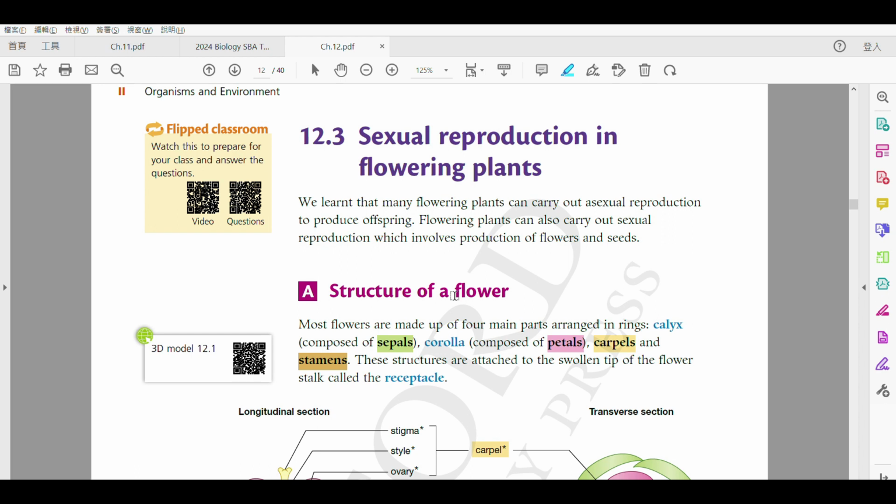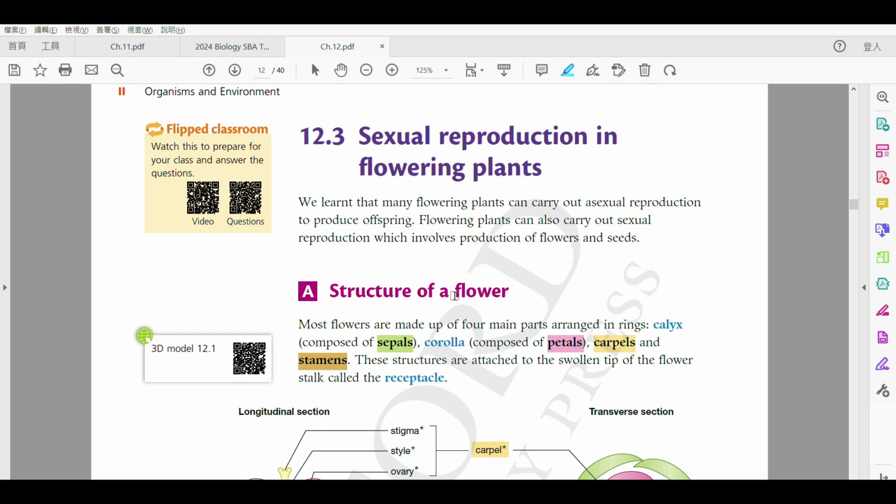Asexual reproduction includes two main types. For bacteria, it is binary fission, and for vegetables or flowering plants, it's vegetative propagation. For vegetative propagation, there are several examples we need to remember, like the potato, onion, water chestnut, and ginger.